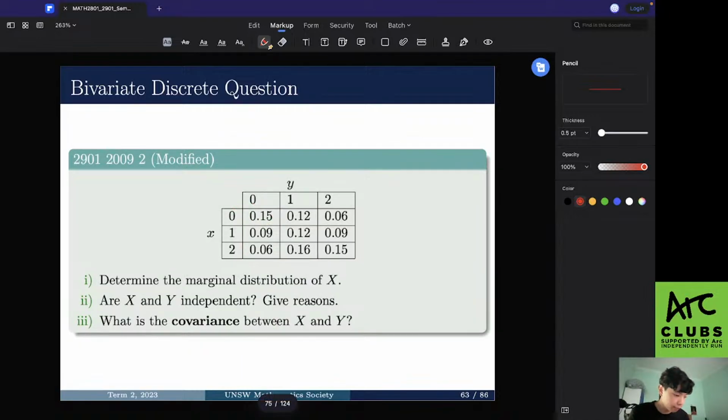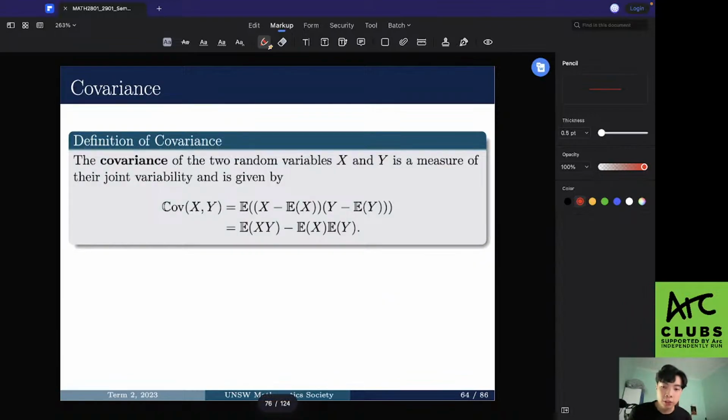So, here's the final question for this part. What is the covariance between x and y? The first thing is, what is covariance? Well, covariance specifically is just a pretty easy formula. It's the expected value of x times y minus e of x times e of y.